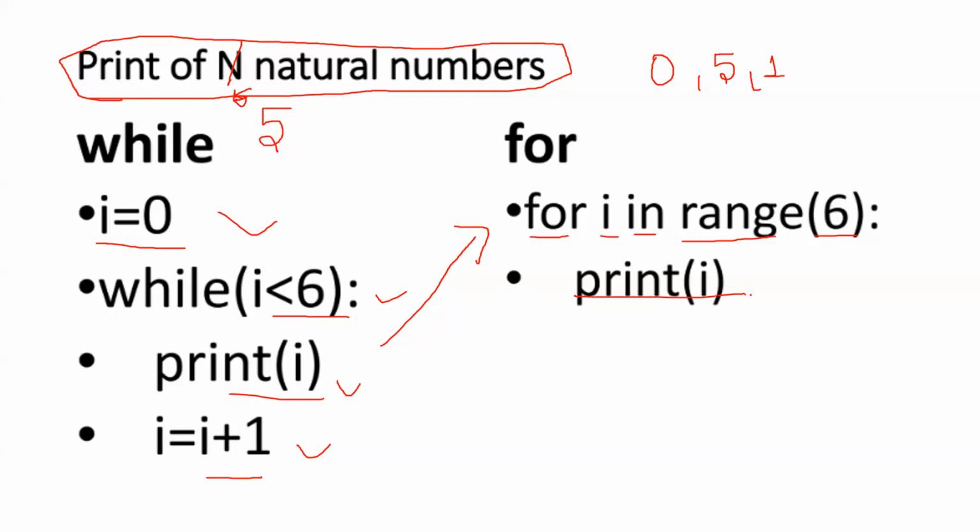This slide will illustrate the difference between a while loop and a for loop. I hope you have noted it down so that I can show you some practical examples also.